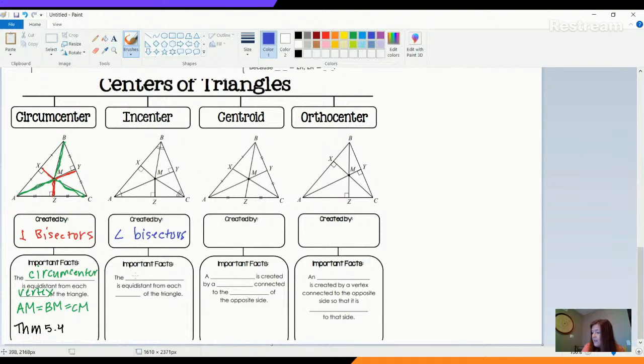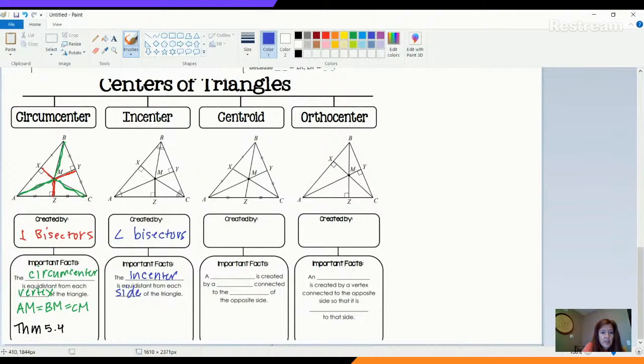And it says that the in-center is equidistant from each side of the triangle. So circumcenter and in-center are kind of the same in that they're talking about distance, from the sides versus the vertices. That's the difference between the two.